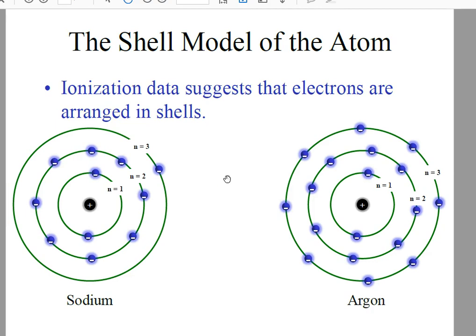Again we see sodium versus argon. Sodium has 3 rings and so does argon, but argon has many more protons. So its ionization energy is going to be much higher than sodium.